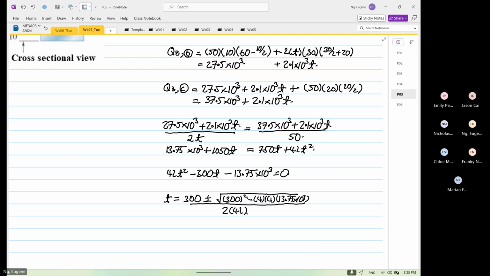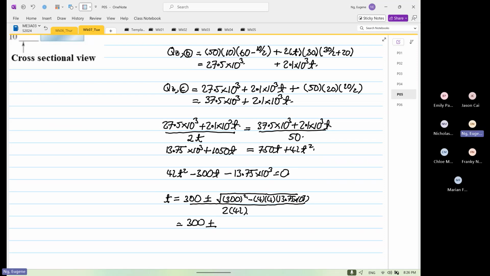Okay, so this will be equal to 300 plus or minus 300 squared minus 4 times 13.75 times 10 to the power 3.